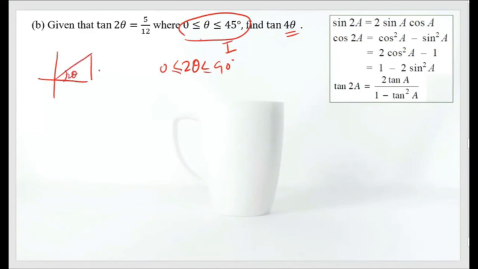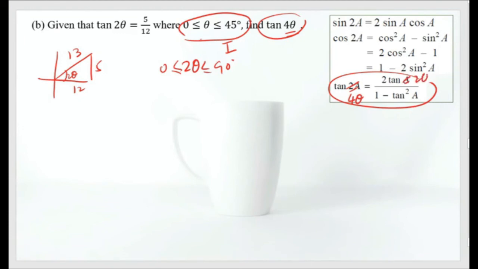2 theta here, 5 over 12. 5, 12, so here is 13. Okay, no need to find sin cos first because we want you to find the tangent 4 theta.